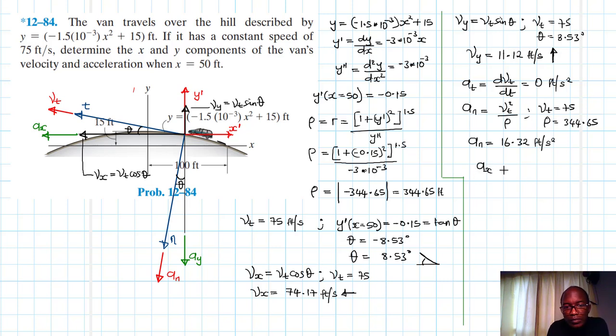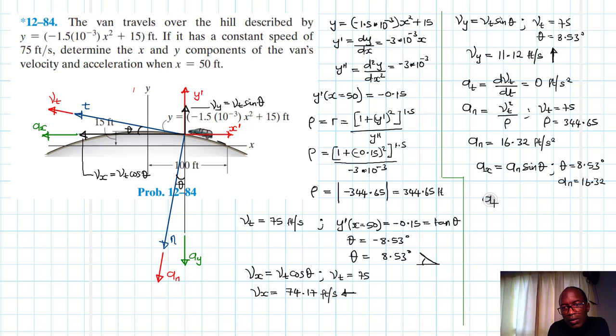ax is just going to be equal to an sine theta, where theta is equal to 8.53 degrees, and an, we calculated that already, it is 16.32.